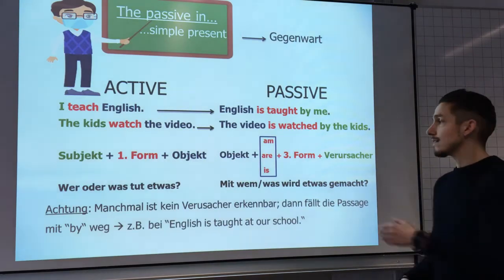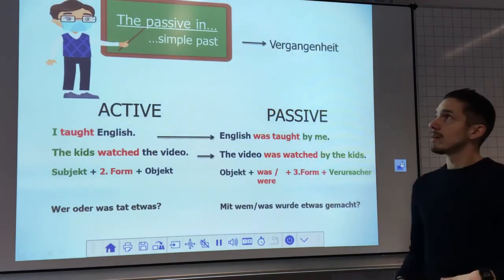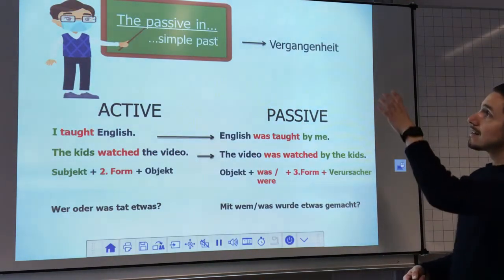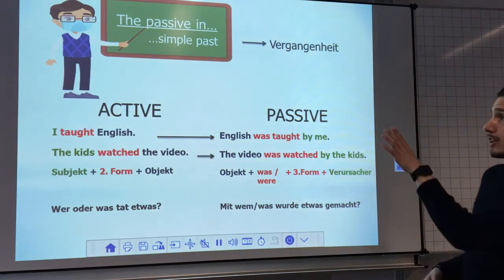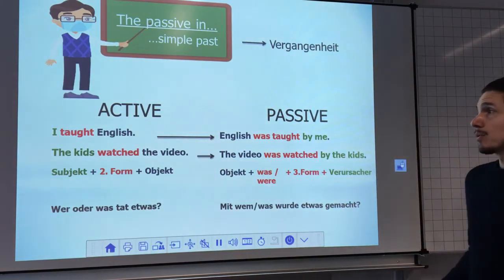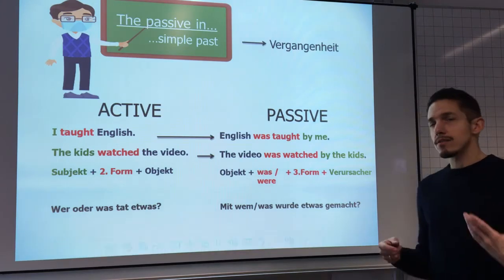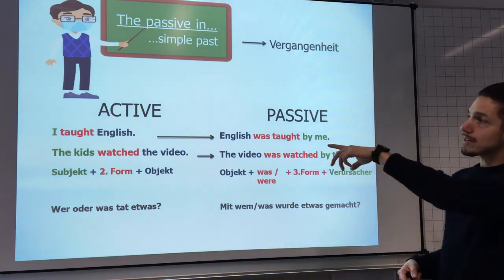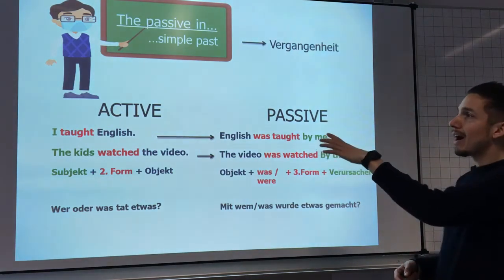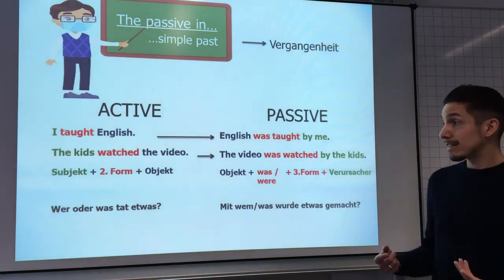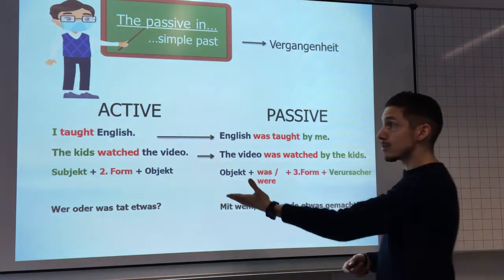Now, look at the same structure, just in the simple past. You have an active sentence, which is sort of the same like in the present, just in the past right now. I taught English actively. Who did what is the question here.